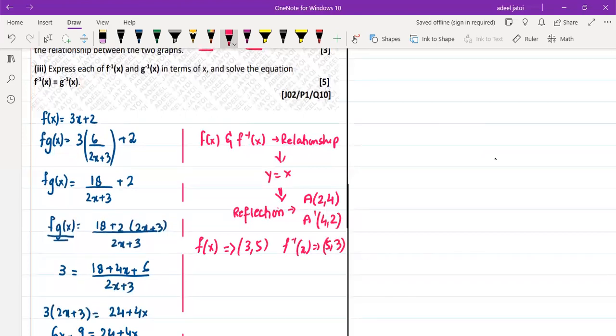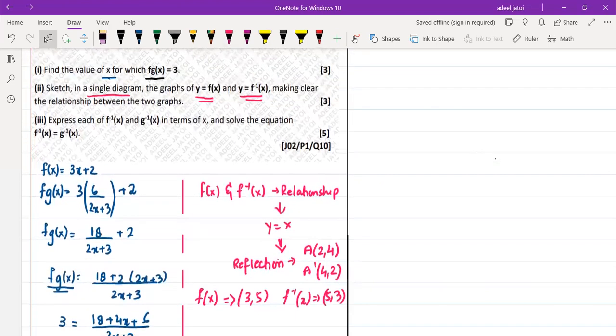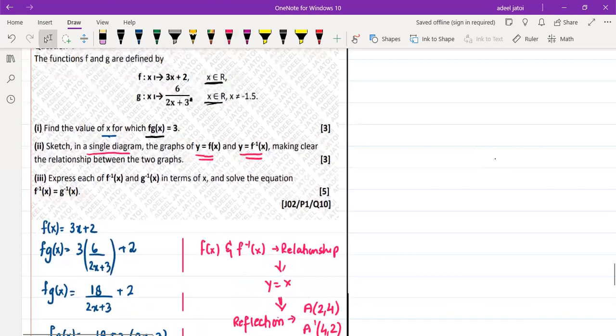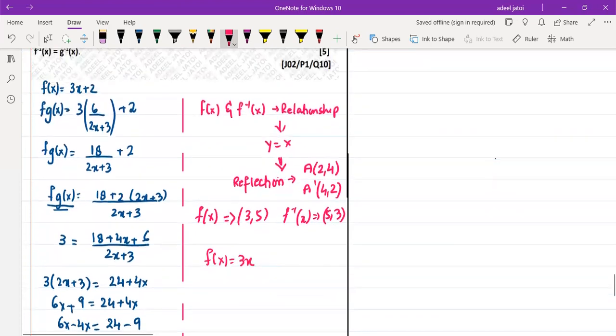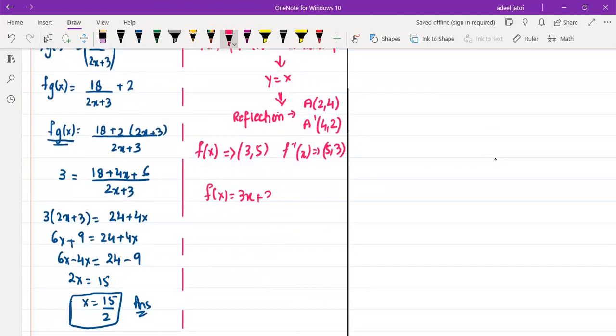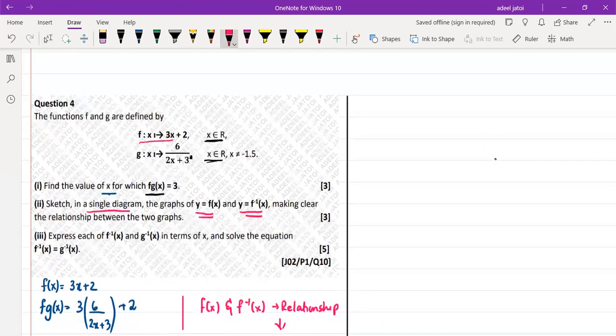The coordinates will always interchange. Now we need to write down the clear relationship, and the question says that f(x) is equal to 3x + 2.